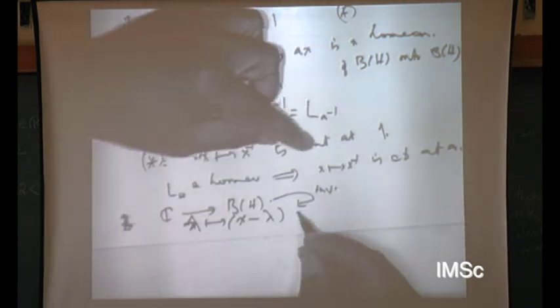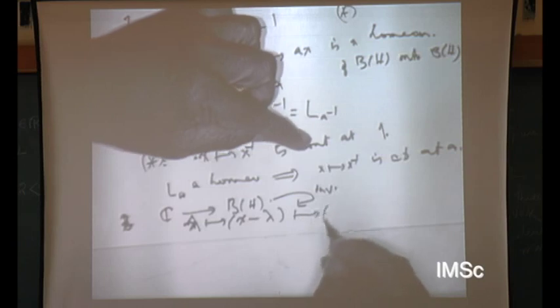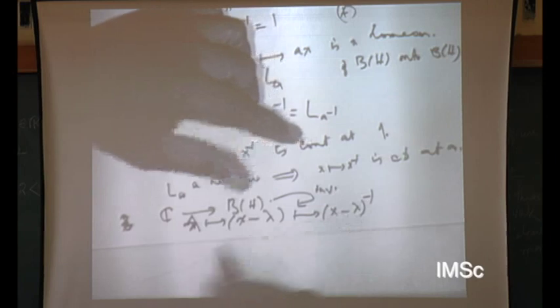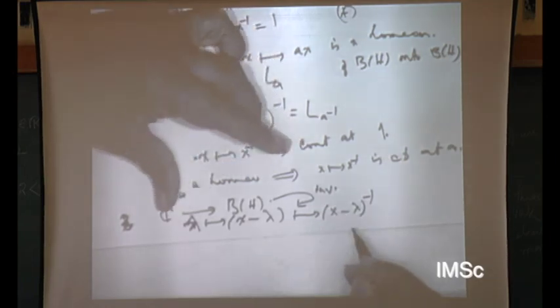Consequently, the composite mapping, lambda going to (x minus lambda) inverse, is also continuous.